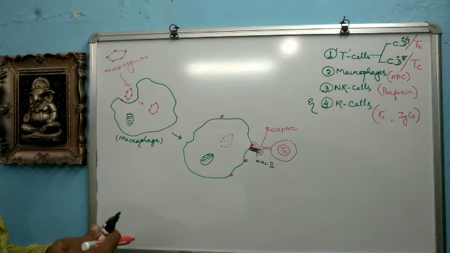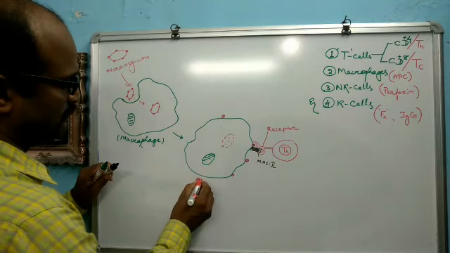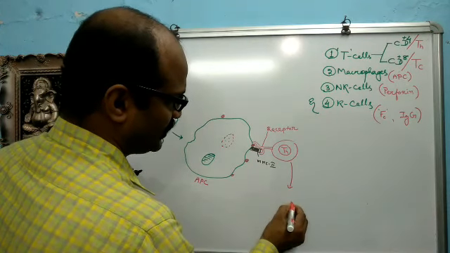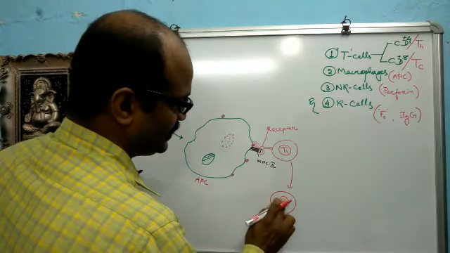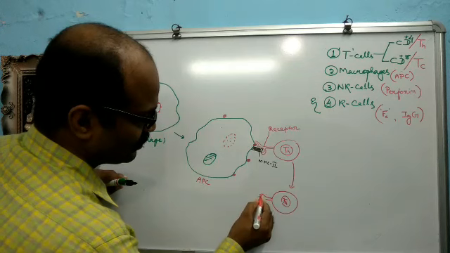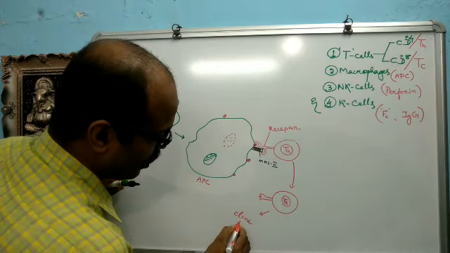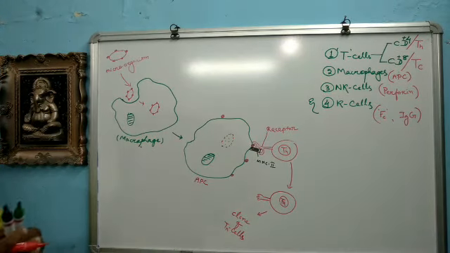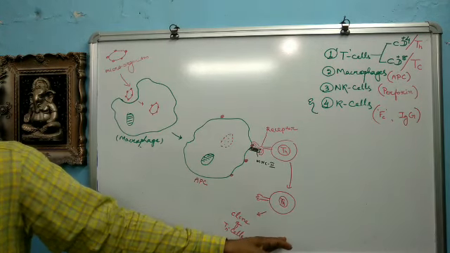After recognition of the antigen in association with MHC molecule on the surface of the antigen presenting cell, the macrophage, the T cell is activated. The activated T cell divides repeatedly and forms so many cells, a clone of T helper cells.